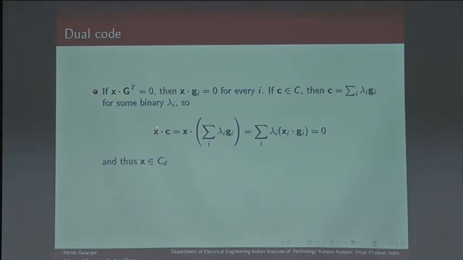So if you take X dot C, this will be X dot the linear combination of these gi, which is nothing but the summation over i of lambda i times X dot gi, and X dot gi is 0 because it is given that X G transpose is 0. So then what have we shown? We have shown X is orthogonal to C. So then X is in the dual code.